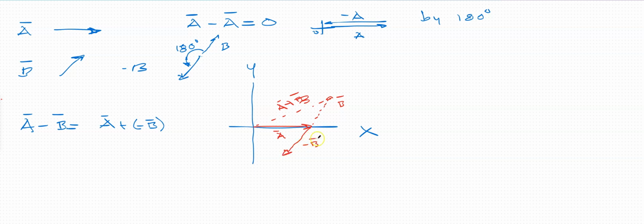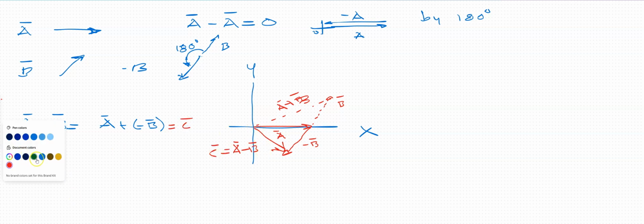That's minus B. Then this vector here is A minus B. Let's say A minus B equals C. So that will be your vector C from here to here. That's A minus B.